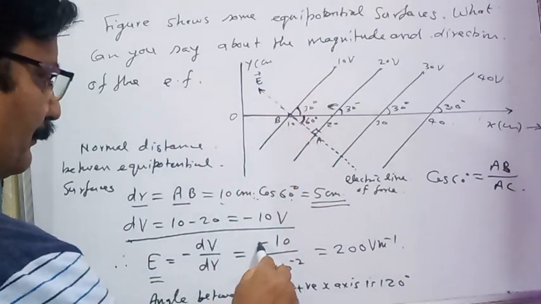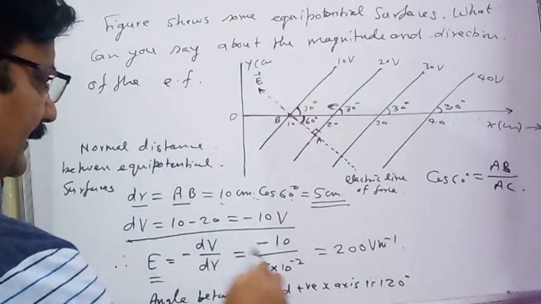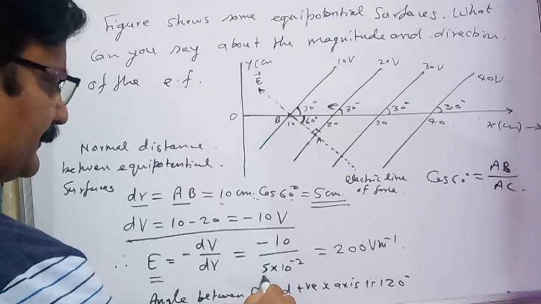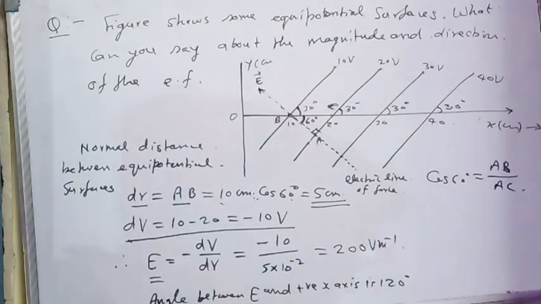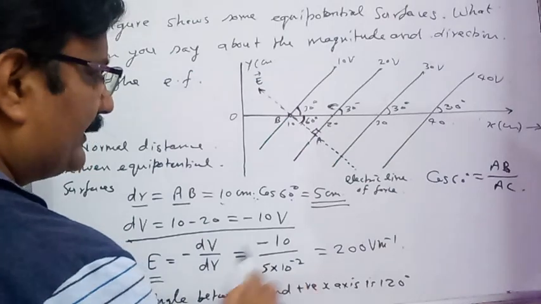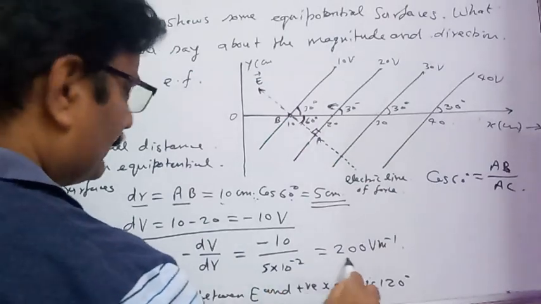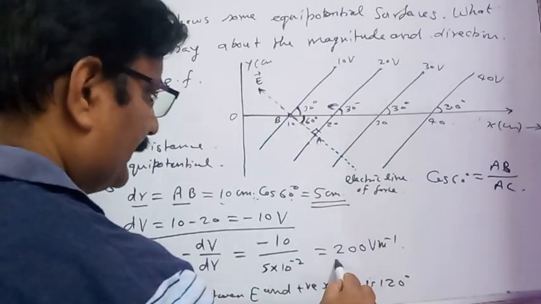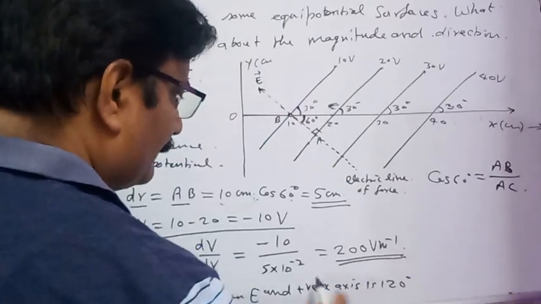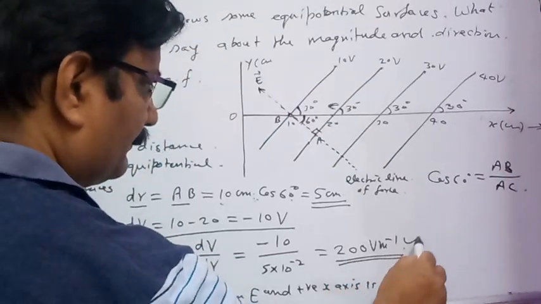E is equal to minus 10, that is dV, divided by dr, that is 5 centimeter converted to meter. It can be written 5 into 10 to power minus 2. After calculation, the value of the electric field in the region is 20 volt per meter.